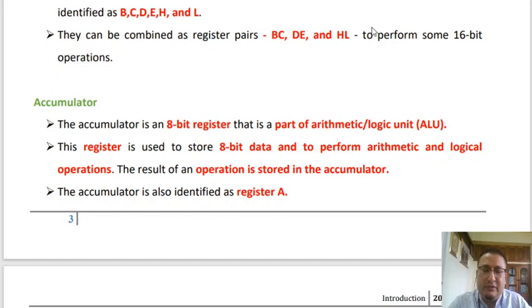The result is always stored in the accumulator, and the accumulator is identified by the alphabet A. So the accumulator is an 8-bit register, a part of the arithmetic logical unit, it forms the default operand in all arithmetic logical operations, and the result whenever generated is always stored in the accumulator, and it's identified by the alphabet A.